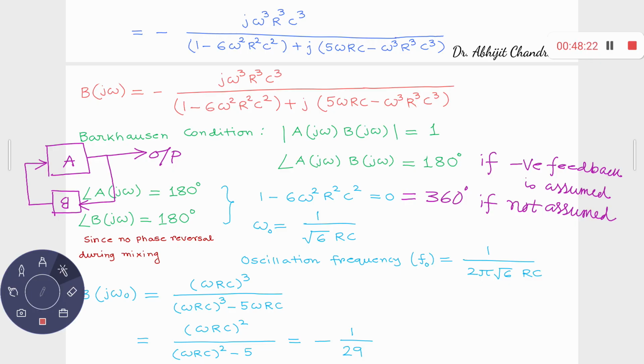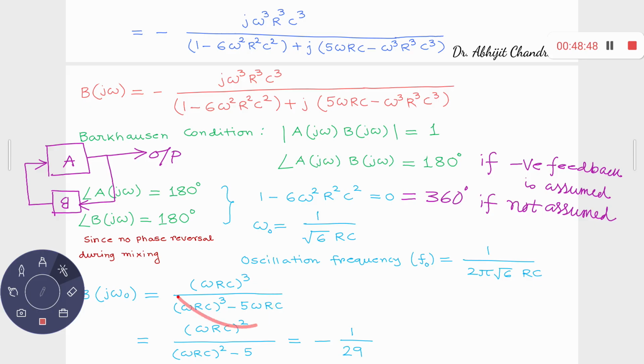So we have obtained that omega naught is equal to 1 upon root 6 RC, F naught is equal to 1 by 2 pi root 6 RC, and therefore, if you simply plug in those values, B is coming out to be minus 1 by 29.